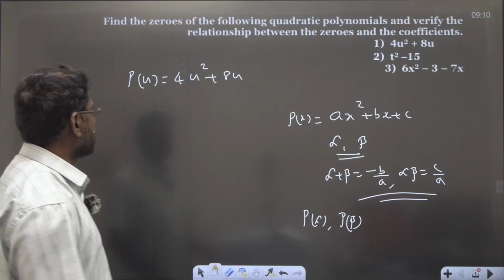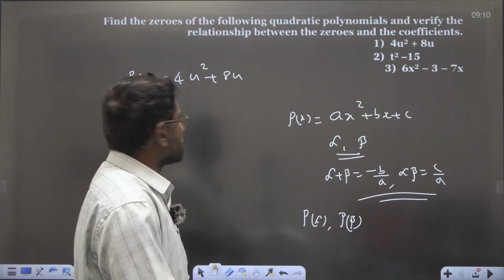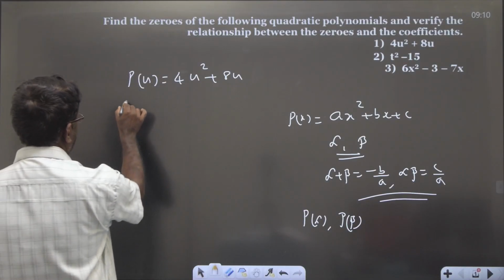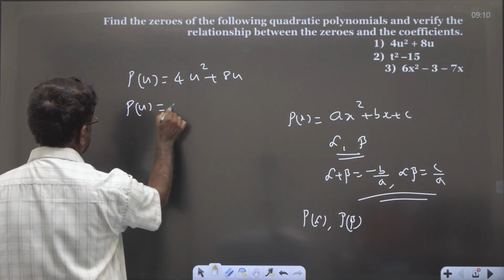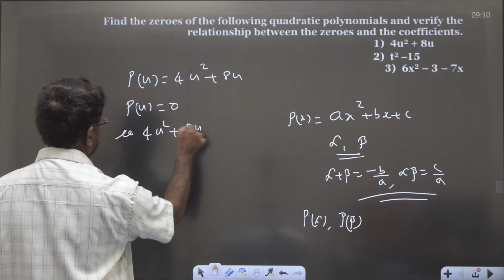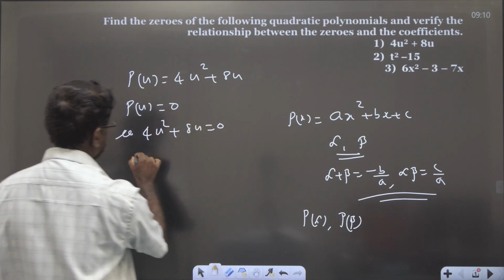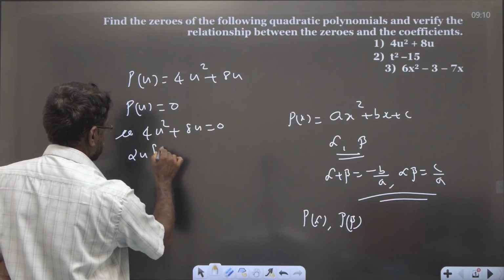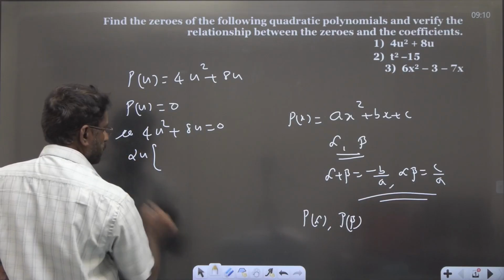How can we find the zeros of the polynomial? Yesterday we discussed it: take P of u equal to 0. That is 4u square plus 8u equal to 0. Here 4u is the common factor.